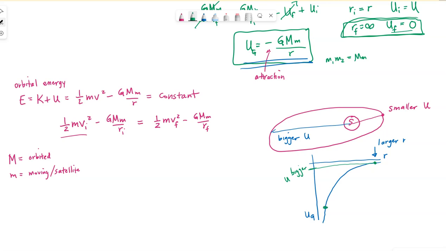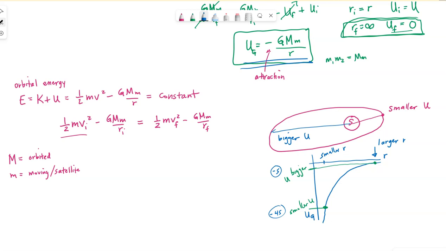A smaller r is a smaller u. Smaller r would be down here. Now we're talking number line values. So if this was, say, -5, this could be -45. -5 is bigger than -45.